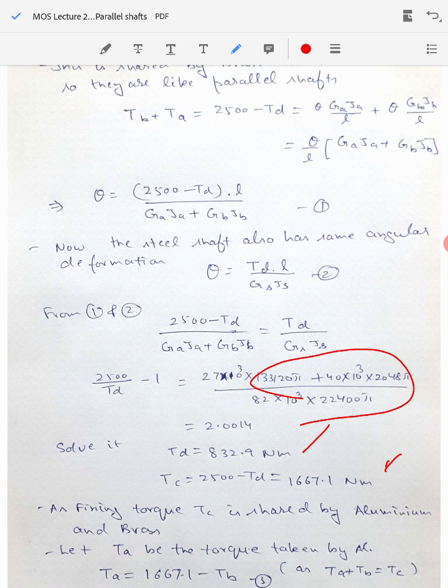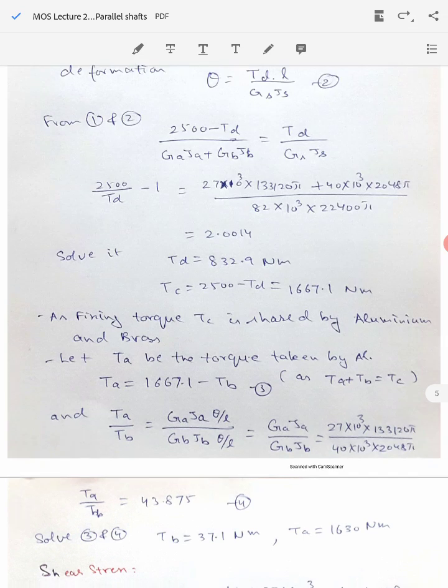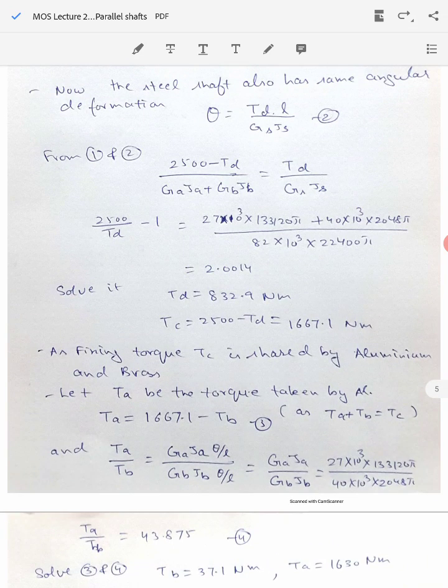Now as I have just told, the fixing torque TC is shared by both aluminum and brass. So TA plus TB is equal to TC, so TA can be written as TC minus TB, that is 1667.1 minus TB. Besides this, we can define TA and TB as GJ theta by L for the aluminum shaft and GJ theta by L for the brass shaft.